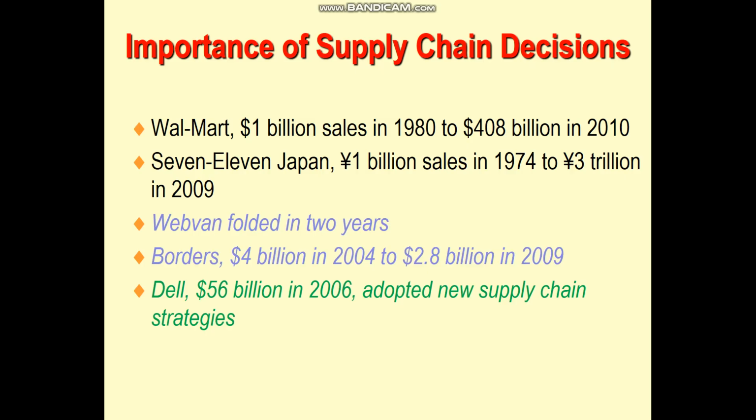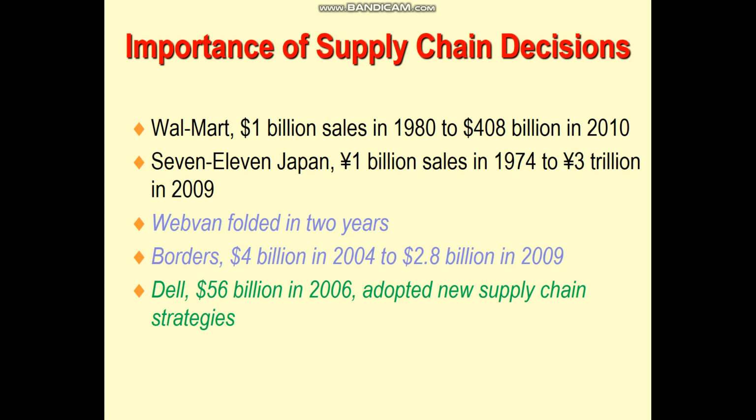Walmart has been a leader at using supply chain design, planning, and operation to achieve success. From its beginning, the company invested heavily in transportation and information infrastructure to facilitate the effective flow of goods and information.